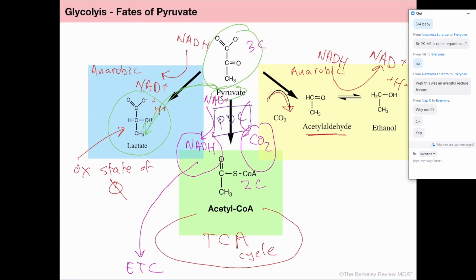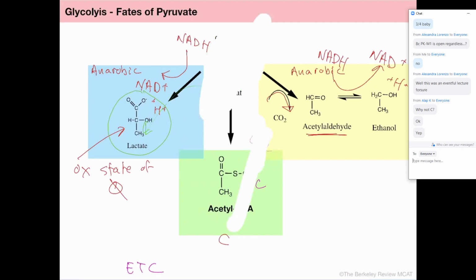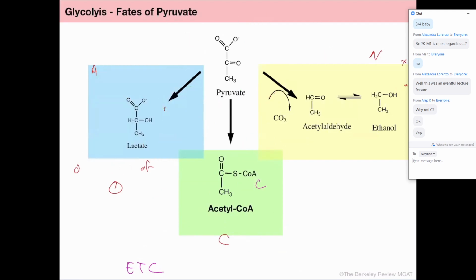Normal cells, when you go into acetyl-CoA, you burn off a CO2, in exchange for, down the road, increasing your ATP.